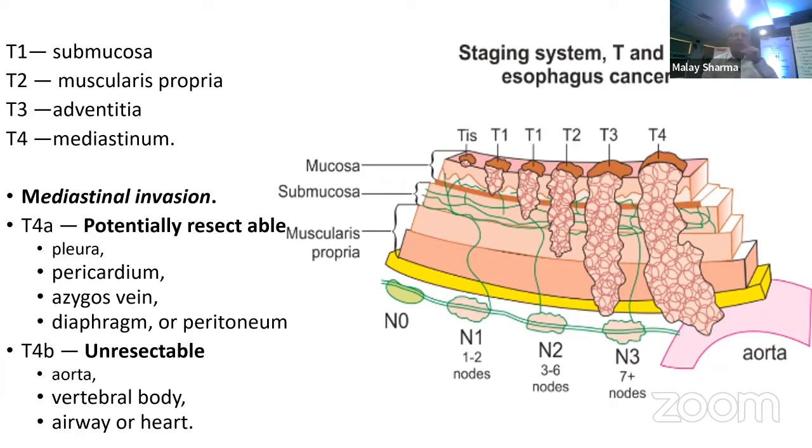The surgeons want to resect the tumor, whether it goes into pleura, pericardium, azygos vein, diaphragm, or even sometimes peritoneum. The word potentially resectable means that you downstage and then remove it.